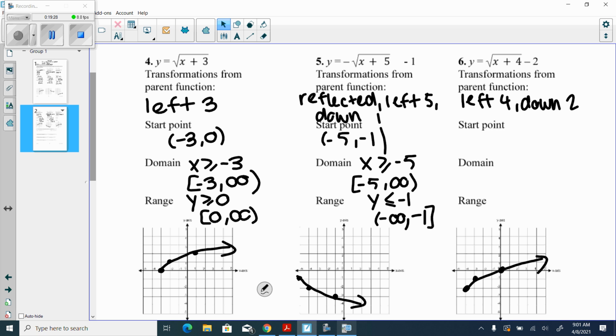So where was my new start point? Very good. And since this one's going up, it's going to have a similar domain to number 4. It just starts at -4 instead of -3, right?